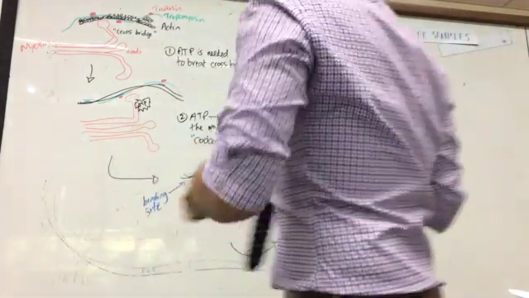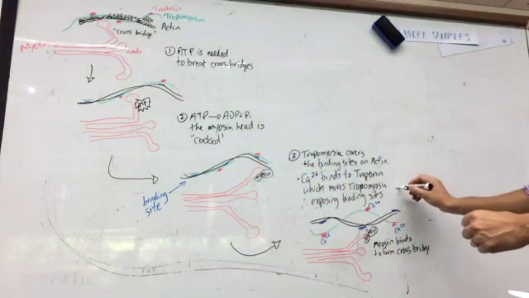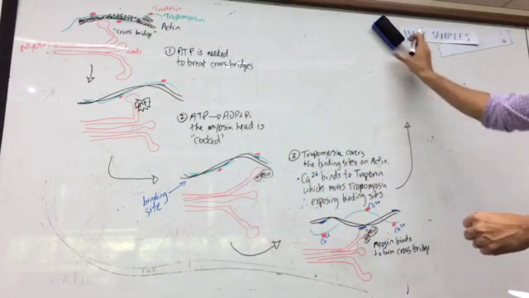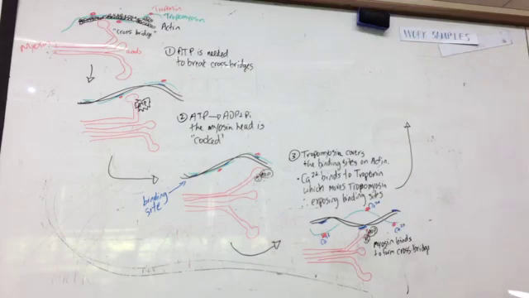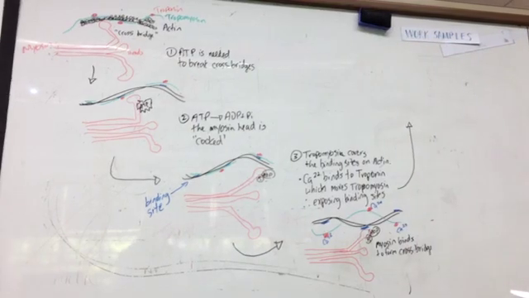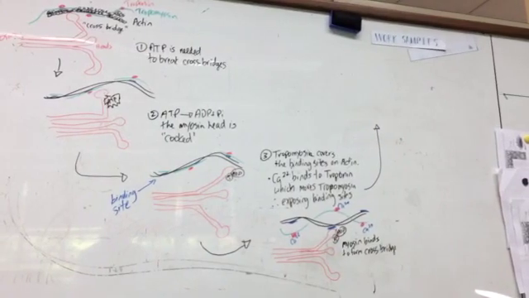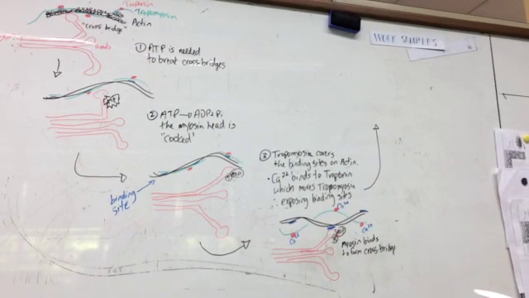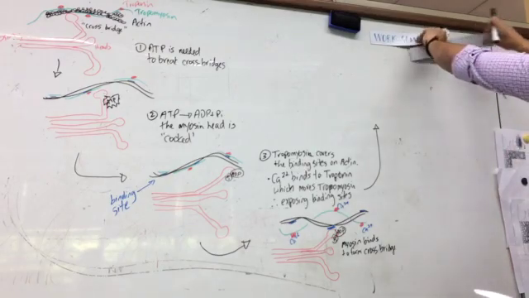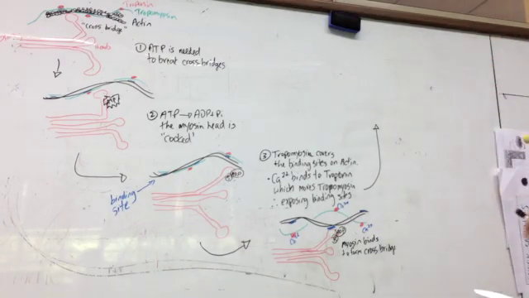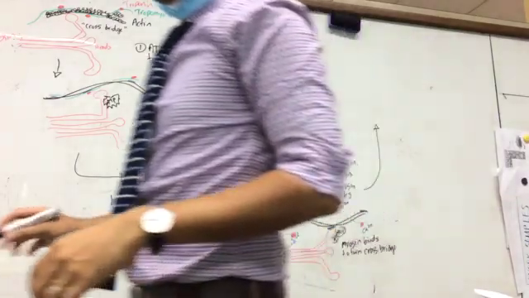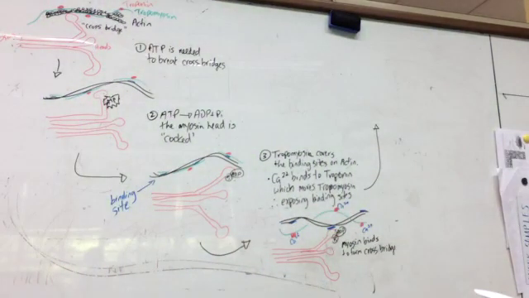The next step, let's go like this, and I'll check again to make sure you can see. Okay, so the last stage is that the ADP and Pi will release.